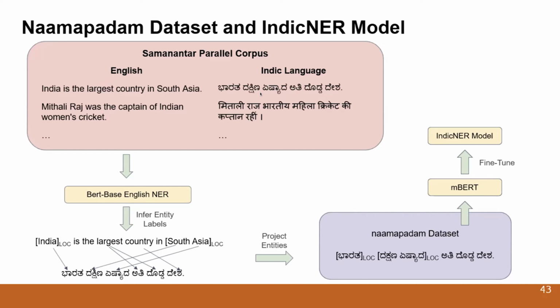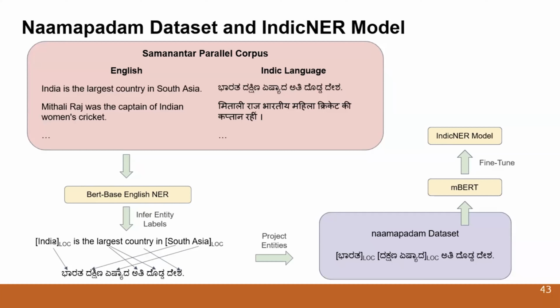We also have the corresponding translation in the Indian language. What we do is we use word level alignments. These word level alignments can be obtained from off-the-shelf aligners like Giza++, Fast Align, Awesome Align, and so on. Once we have the word alignments, we look at the corresponding entity in English, see what words it is aligned to in the Indian language, and project the labels.